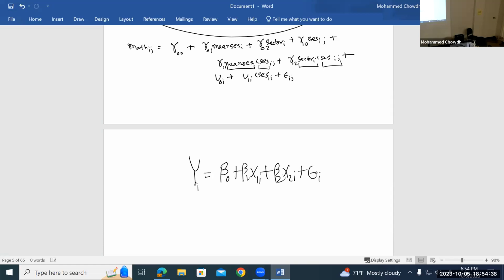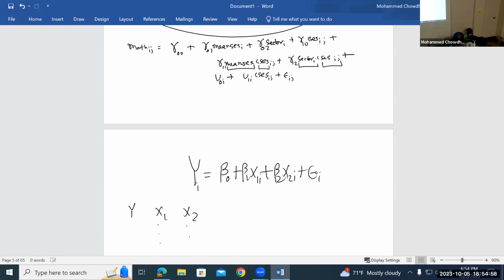See? You already learned so many models. X1i, X2i do not determine the linearity. Y, X1, X2, these are numbers.